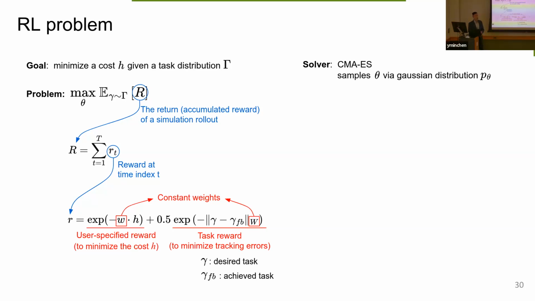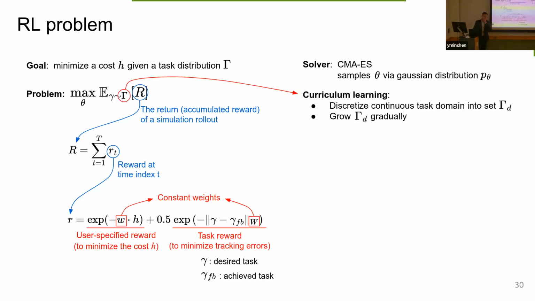We can solve it using many solvers. In our example, we use CMA-ES, which is an evolutionary strategy method. And in this method, we basically sample the parameters via a Gaussian distribution. And also in our experiments, we found that optimizing this reward over a very big task distribution or task region is a very hard problem.